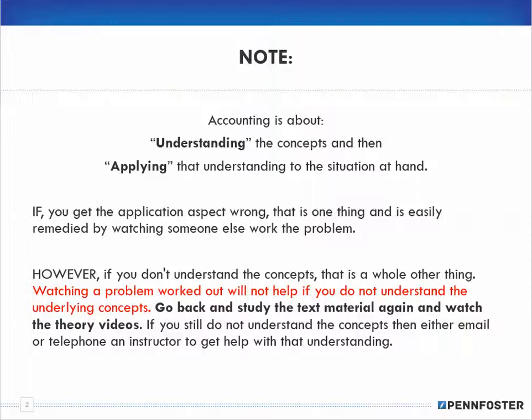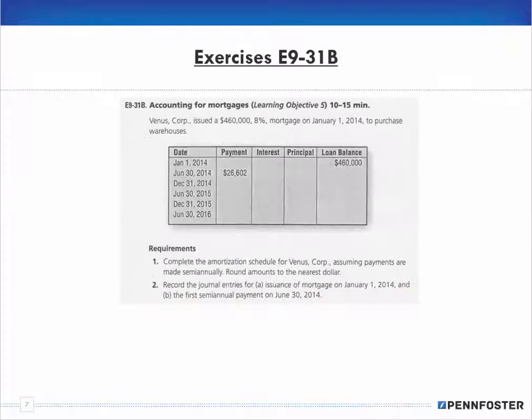And so for this video, we are working on exercise 9-31. So it says here, Venus Corp issued a $460,000 8% mortgage on January 1st to purchase warehouses.